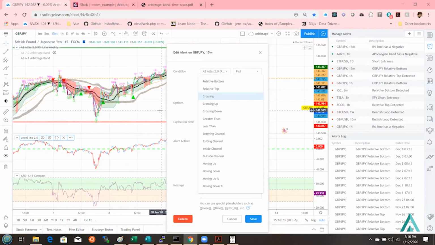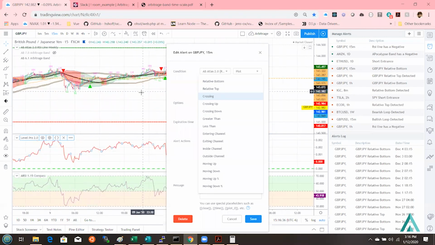I'll do a minor patch for this one, so I'll make like a 2.1 or 2.3. But the 3.0 version of Atlas is going to have a whole lot more alerts built in, so you can even say, hey, I just hit the multi, tell me where I just broke support on the weekly, hourly, or whatever. So you'll have the ability to tune all of that.